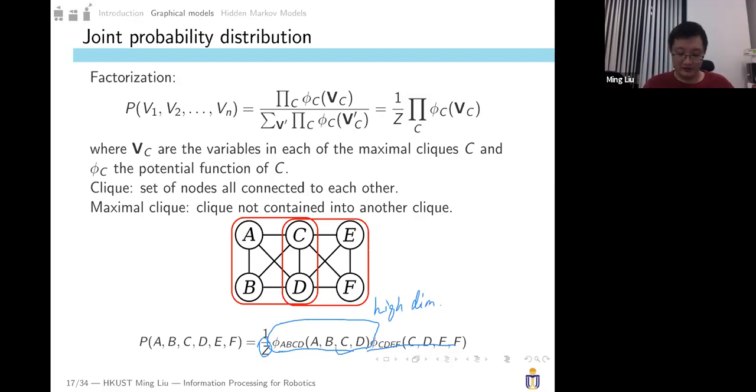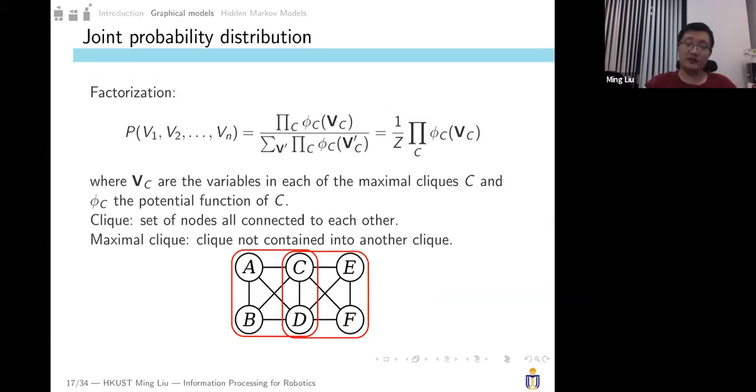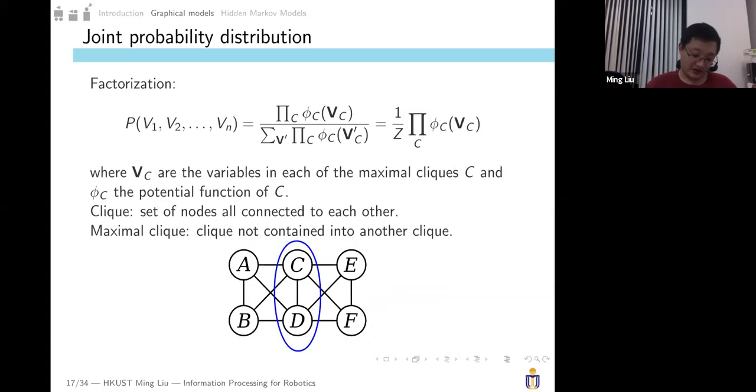So to reduce this complexity, we typically want to do some further decomposition. For example, we know ABCD is a clique, and generally, if this is a part of an image, we maybe don't care about the relation between the two random variables in the diagonal direction, like AD or BC.